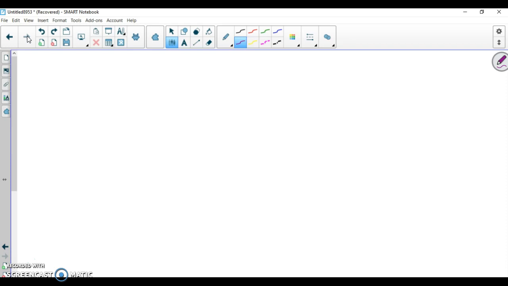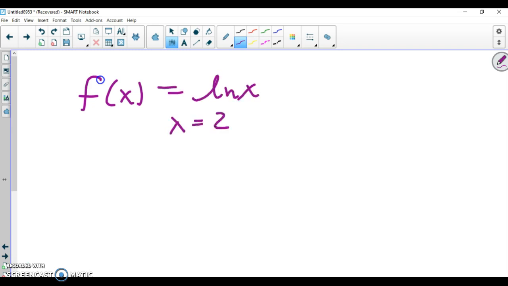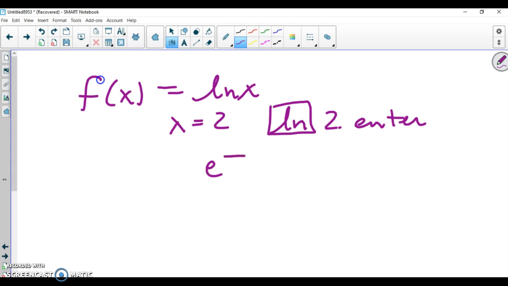Example 7, evaluating natural log functions in exactly the same way we evaluated base 10 logs. If f of x is equal to ln x, for x equals 2, we simply, on our calculator, ln 2 and enter. And what that's saying is e to what power is 2?